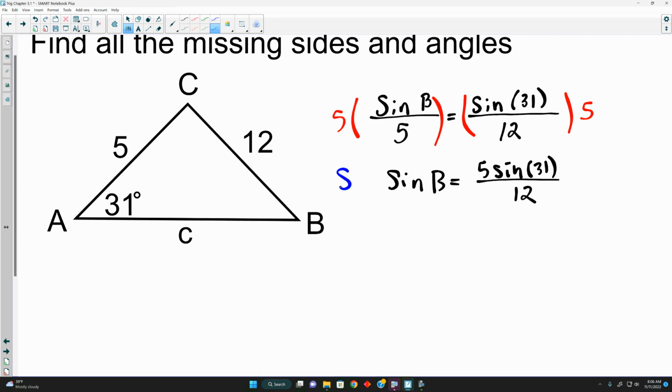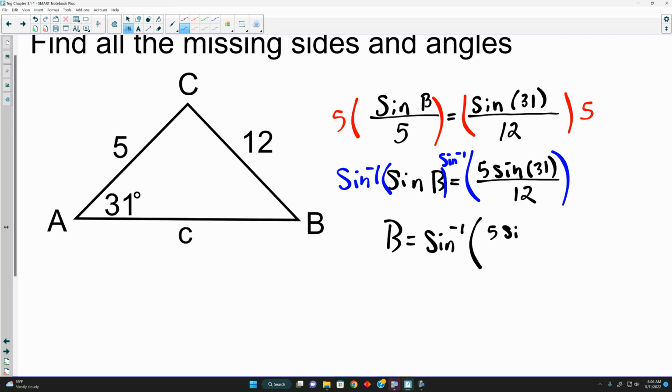But to get rid of sine, to get just angle B, we've got to apply sine inverse to both sides, which is really telling us that angle B is equal to sine inverse of 5 sine of 31 degrees all over 12. At this point, we can plug the whole thing into the calculator.